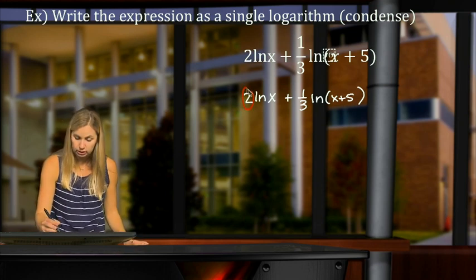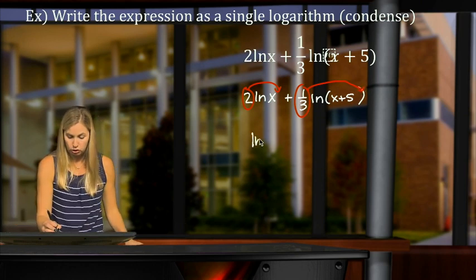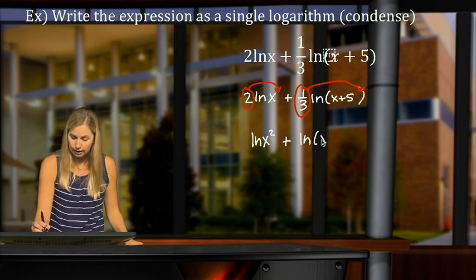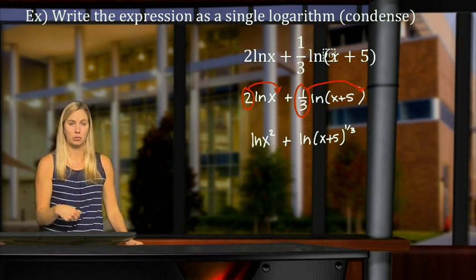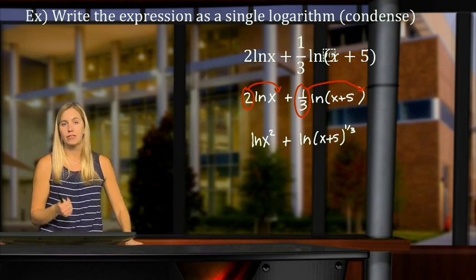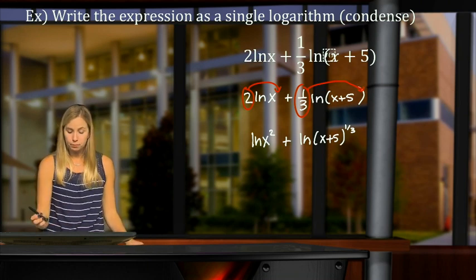So our coefficients are all going to become exponents first. So we have the natural log of x squared plus the natural log of x plus 5 to the 1/3 power. If you want to write that rational exponent as a radical and make it the cube root of x plus 5, that's a-okay, but you can leave it as a rational exponent as well.